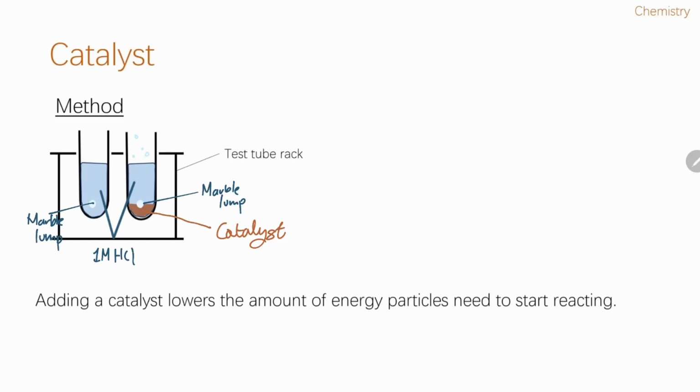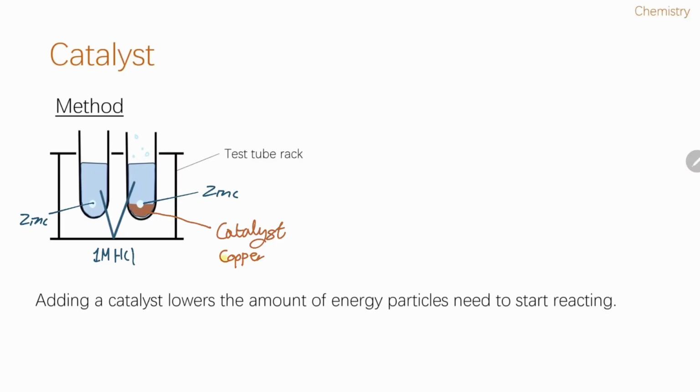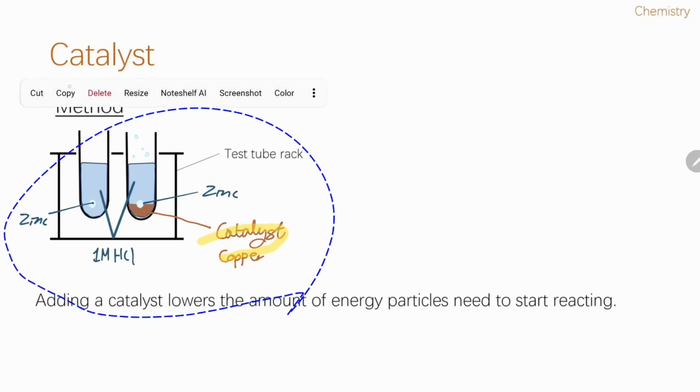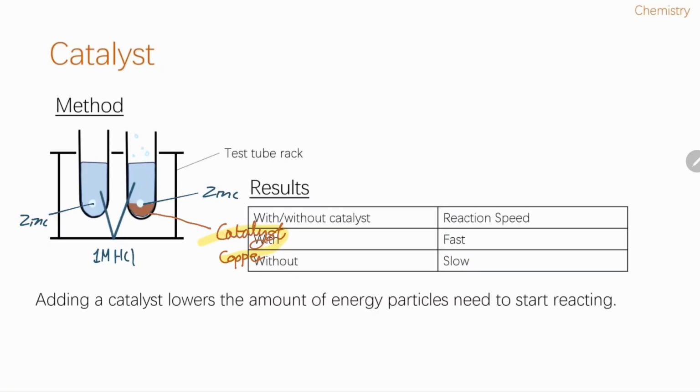In this instance, it's copper. Oh, I'm so sorry. This wasn't supposed to be a marble lump. This was supposed to be zinc. So it has a copper catalyst. Quite cool. Let's look at the results now then.